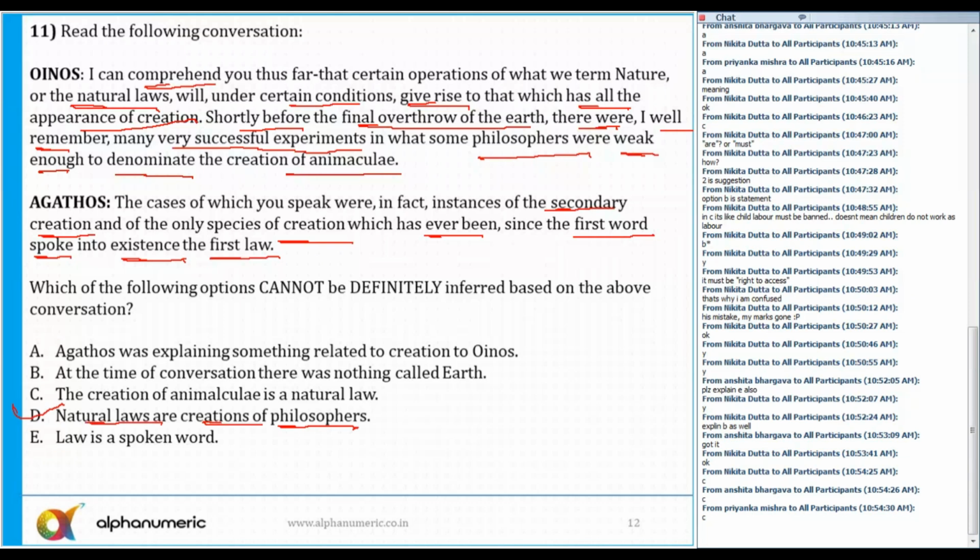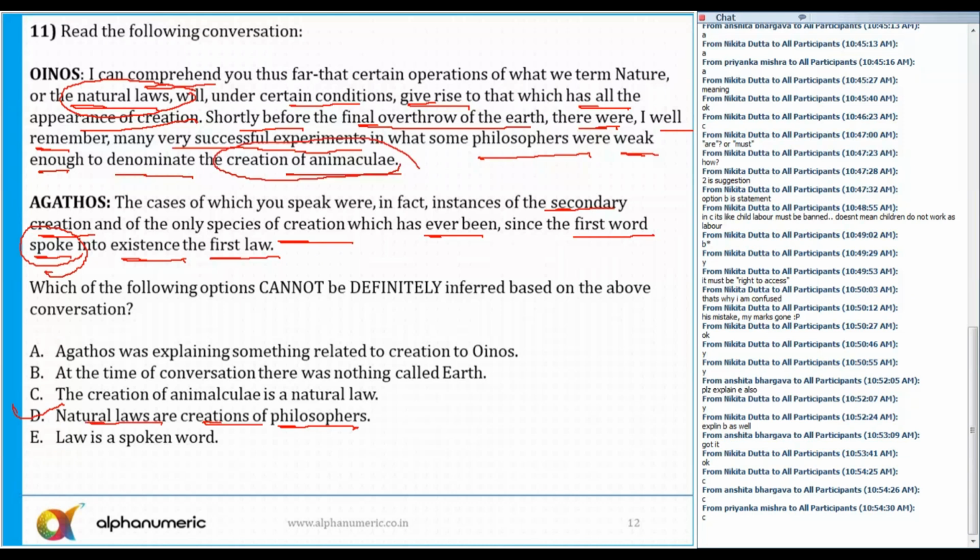Law is a spoken word, yes. Over here he has written spoke. The creation of animalcula is a natural law, yes. Oinos tells you that I know what a natural law is. I know philosophers try to talk about natural law, but they could not.